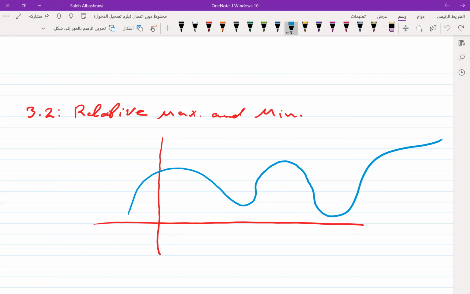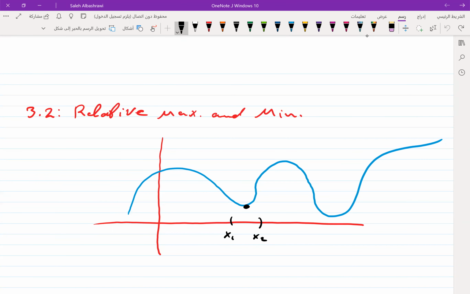For example, if we are looking for this point here, just in a small interval, we can see this one is the lowest value between, let me call it x1 and x2. In this domain, it is the lowest value.